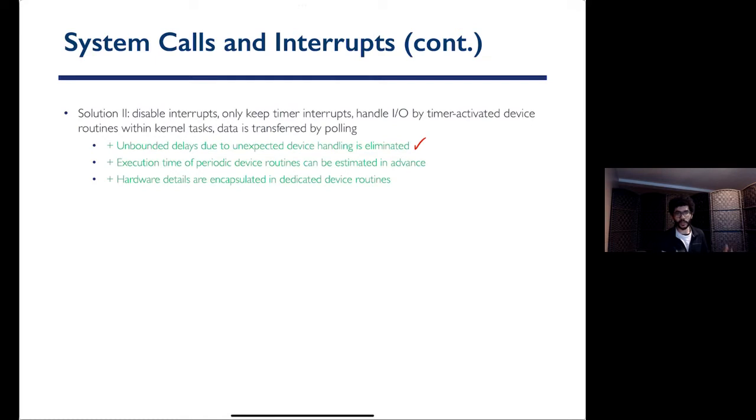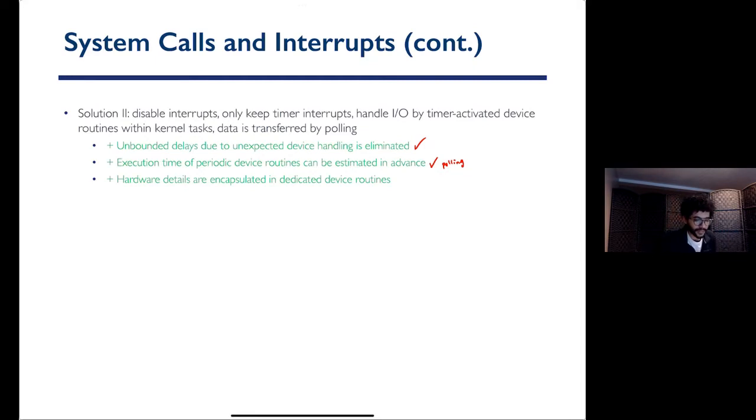The system is predictable because we don't have interrupts. We have also kept the execution time of communicating with devices predictable because we're still doing polling. So there's a certain code that runs to communicate with the device, and we can know how long that code takes. It's not like we're doing our task and an interrupt happens and we don't know what's going to happen next.